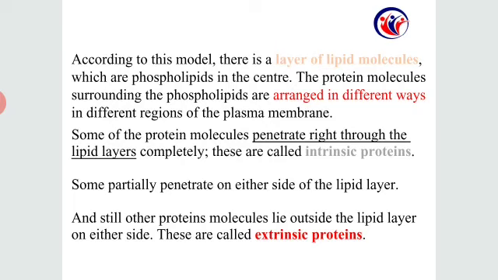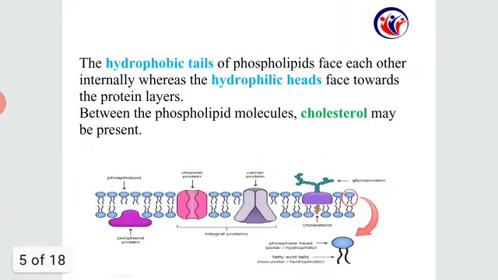They don't penetrate, they are loosely attached, and they are referred to as extrinsic proteins. Members, please take note of that as you revise. Intrinsic proteins span across, then the extrinsic proteins are basically on the surface. But all of them have functions that are very vital for the functioning of the cell.